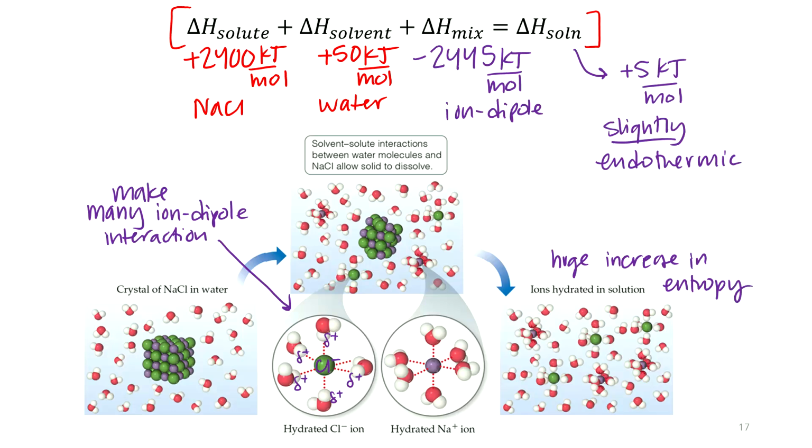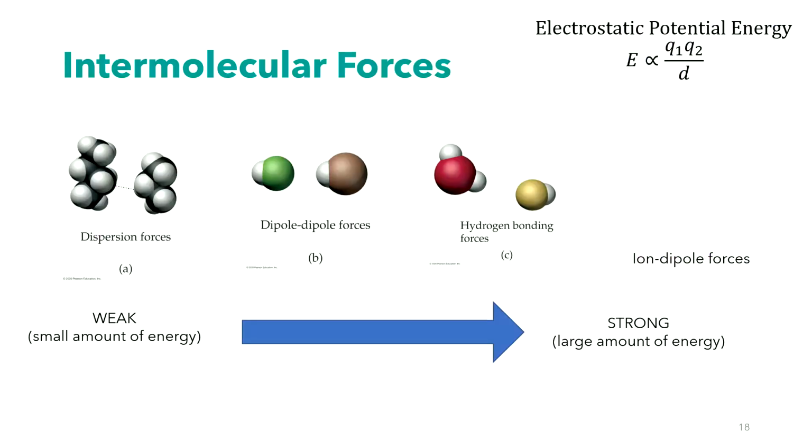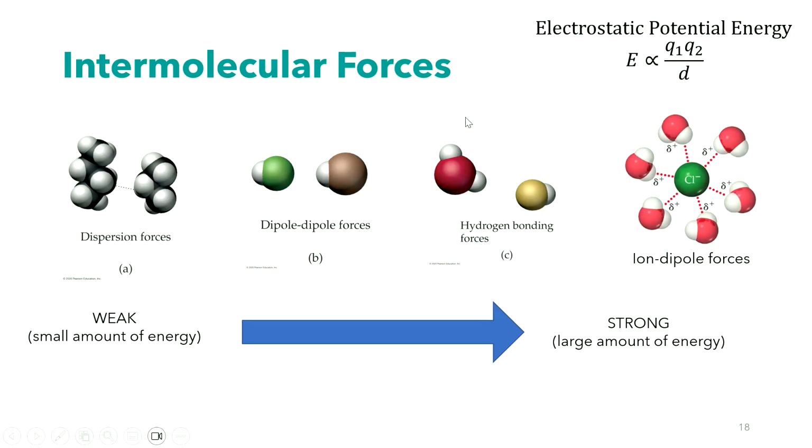All right, so this process happens because of these really strong ion dipole forces. So we're going to add that ion dipole off to the end here on our spectrum of IMFs. So there they are. You're like, why are those so strong? Well, remember that this is the electrostatic potential energy.